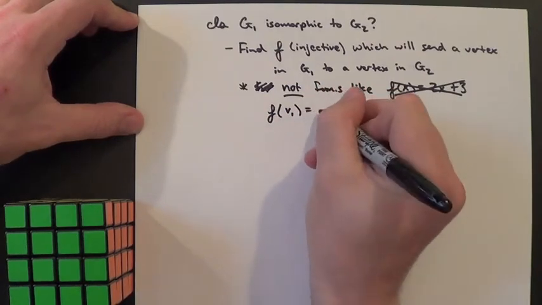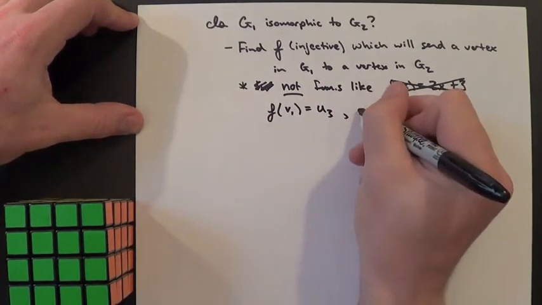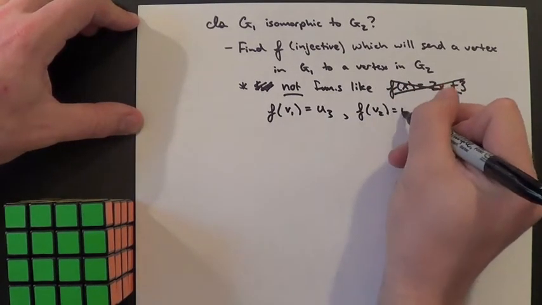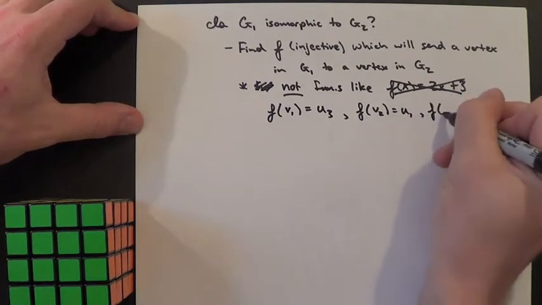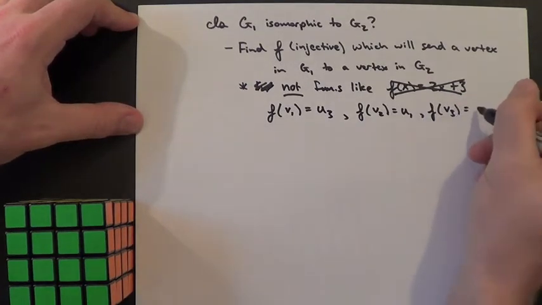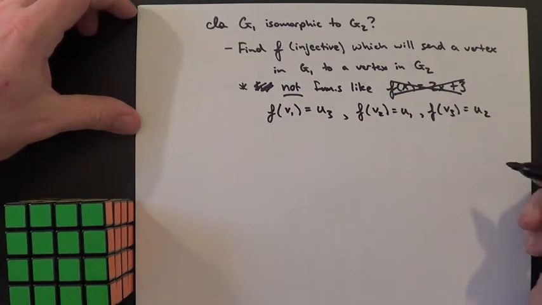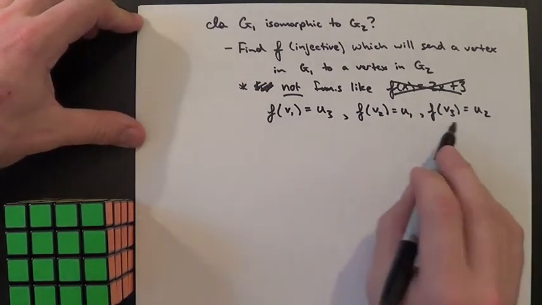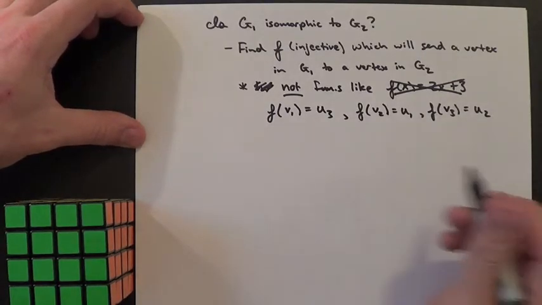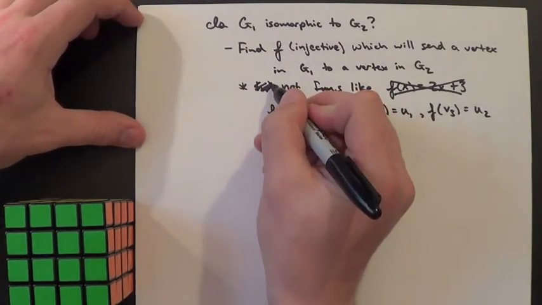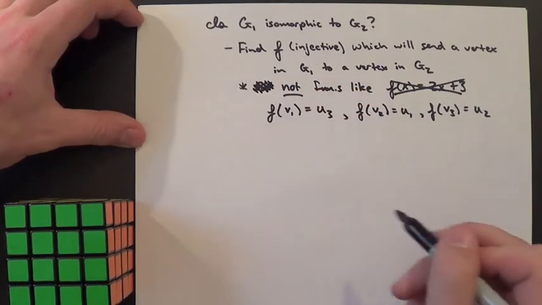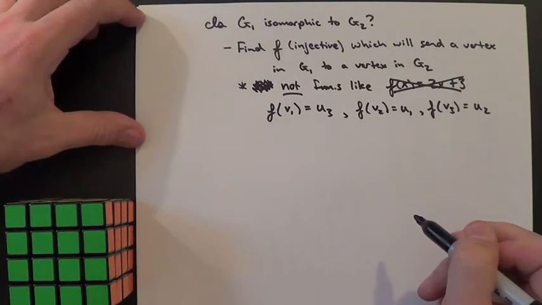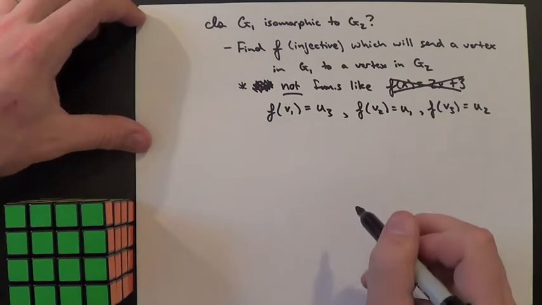F of v1 is u3, f of v2 is u1, and f of v3 is u2. So it gets a little tedious to define such a function, but the point is we need to be able to find that function. We don't have to find the particular function in order to prove an isomorphism, but that's about the quickest way by definition to show that two graphs are in fact isomorphic.